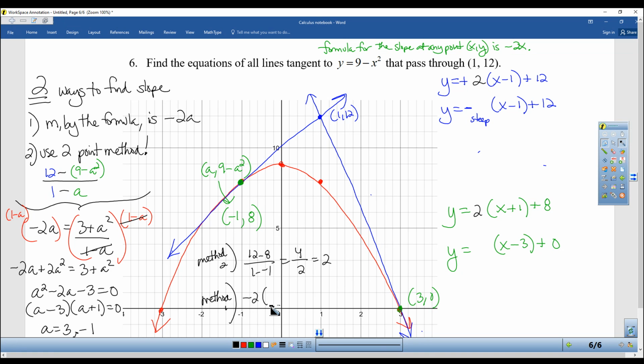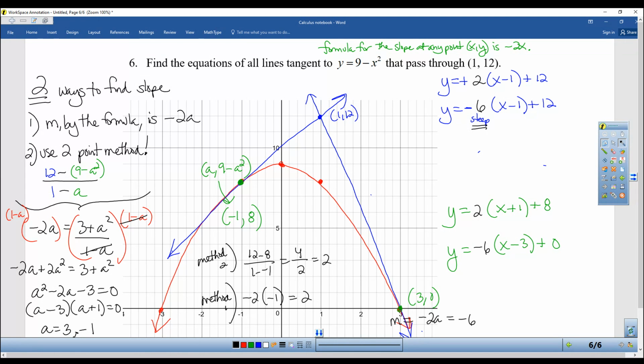Negative 2a. That was faster. You're going to love our little formula here. So let's do that for this one. Negative 2a is the slope, and that produces negative 6. Remember we said we predicted that it was going to be pretty steep? It is pretty steep compared to this one, which is shallow.